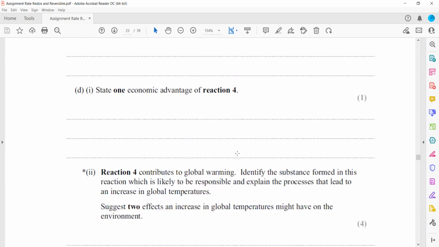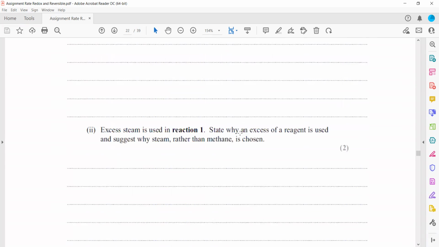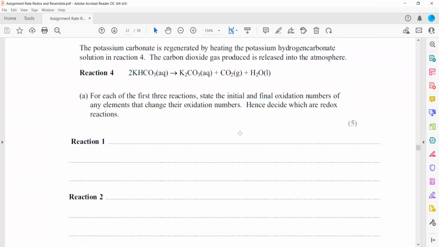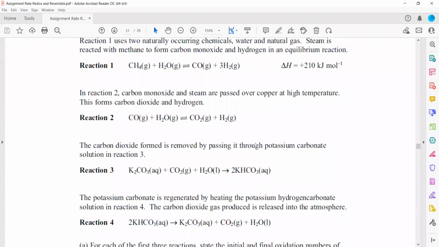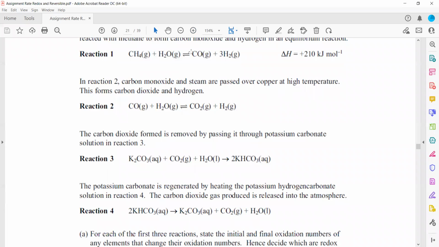And one economic advantage of reaction 4: potassium hydrogen carbonate gives potassium carbonate, carbon dioxide and water. So when we compare the overall reaction, potassium hydrogen carbonate produces potassium carbonate back again.